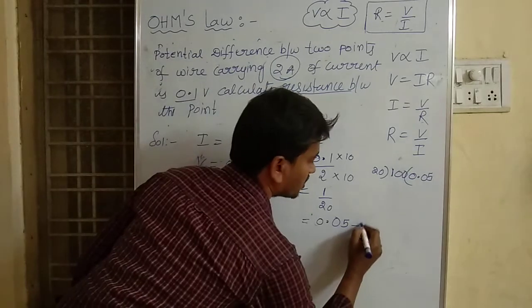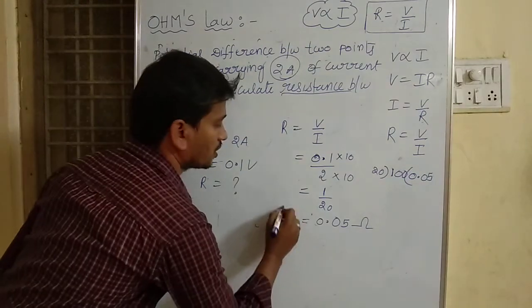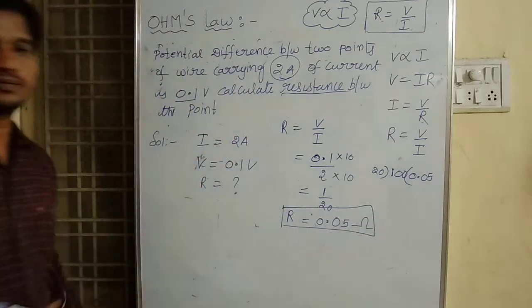Resistance, and the unit of resistance is ohms, so it is 0.05 ohms. Is it clear?